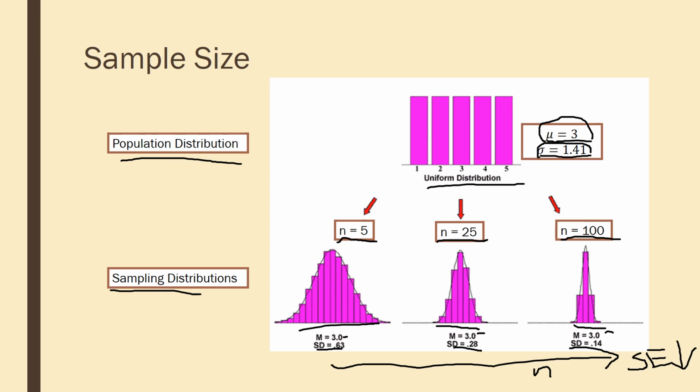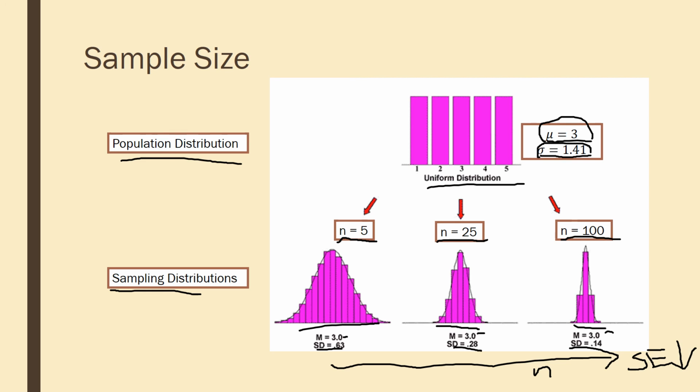And you can see that on the histograms as well. It's depicted there. Our histogram gets squished in more and more as the n increases. And that's because our sample means get more and more accurate. We are more consistent.